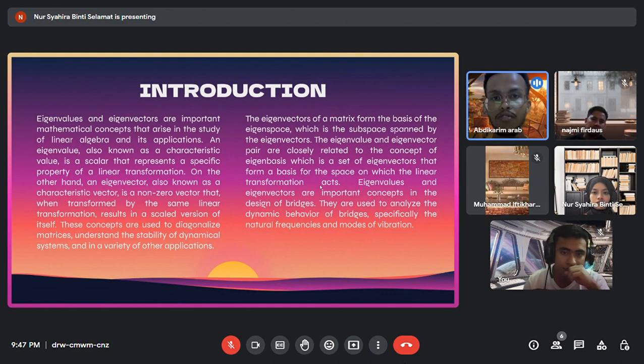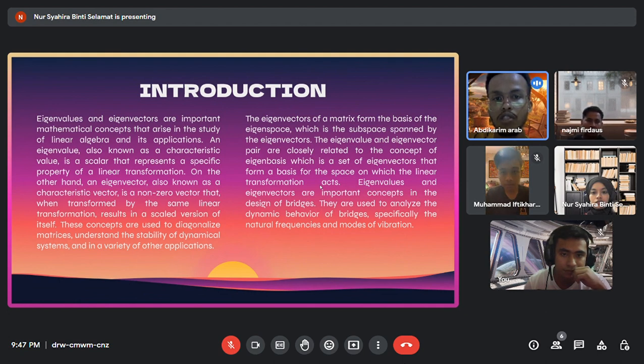The eigenvectors of a matrix form the basis of the eigenspace, which is the subspace spanned by the eigenvectors. The eigenvalue and eigenvector pair are closely related to the concept of eigenbasis, which is a set of eigenvectors that form a basis for the space on which the linear transformation acts.